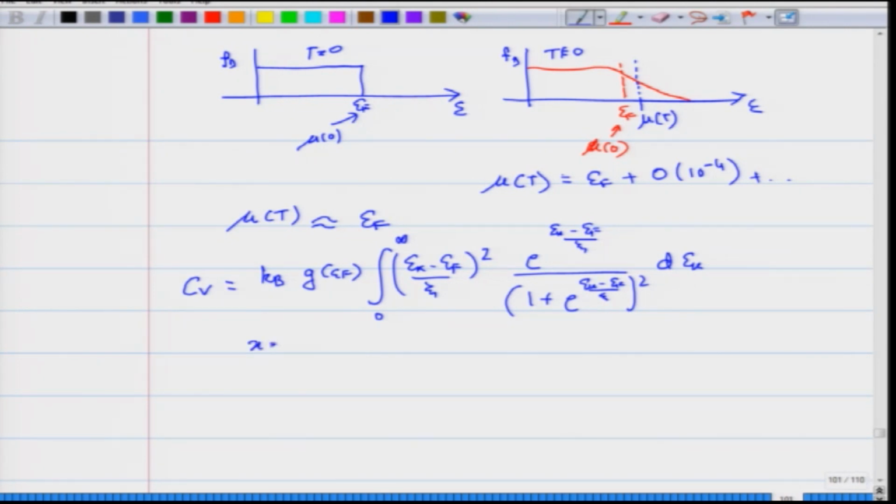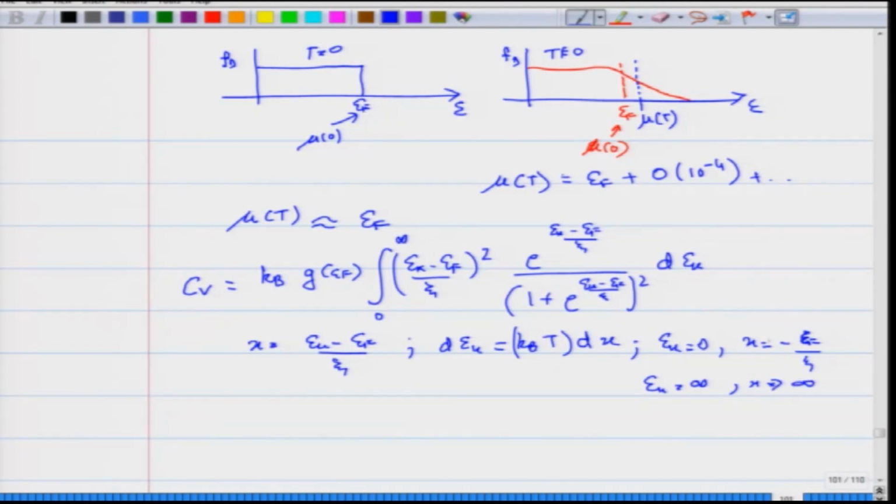And now x is (Ek minus Ef) by zeta, you replace this by this, dEk will be equal to Kb into T dx, which I have already shown you. Furthermore, now you have the limits of integration. If Ek equal to 0, x is equal to minus Ef by zeta. For Ek equal to infinity, x tends to infinity.